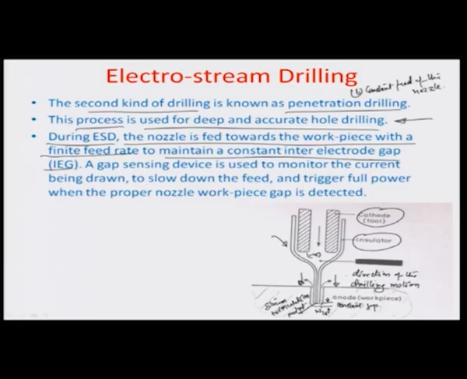In fact, just similar to the ECM, in this particular machine also a gap sensing device is used typically to monitor the current that is being drawn, and similarly it is a closed loop feedback control, which monitors the feed, makes it slow or go higher depending on the dissolution rate of the material, and the current of course is a function of the gap, as you know from earlier calculations.